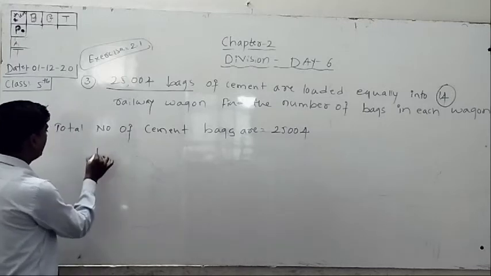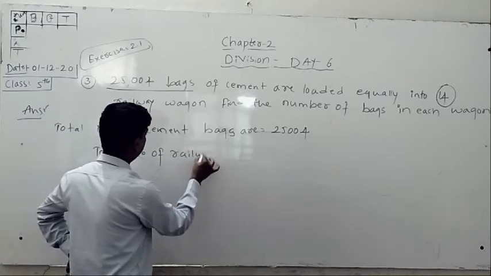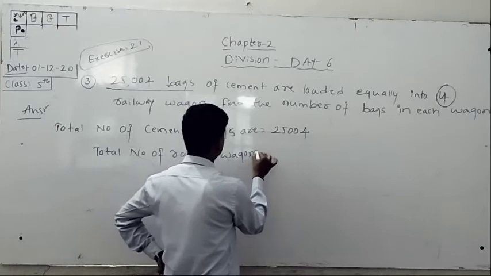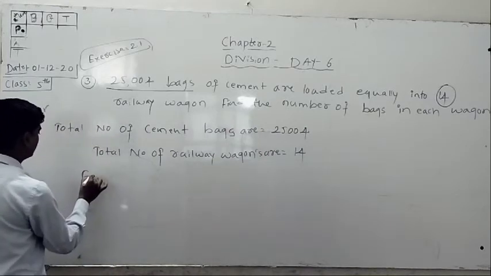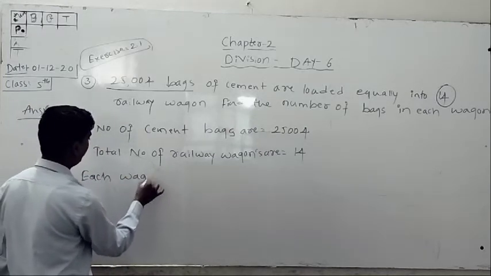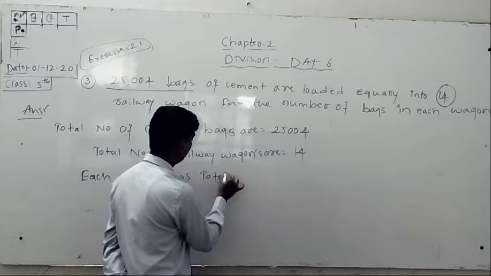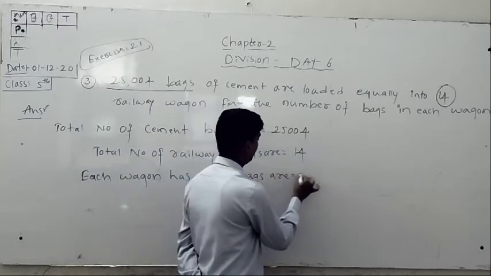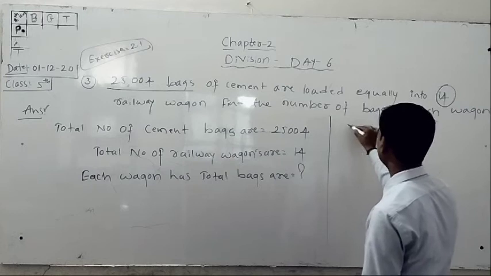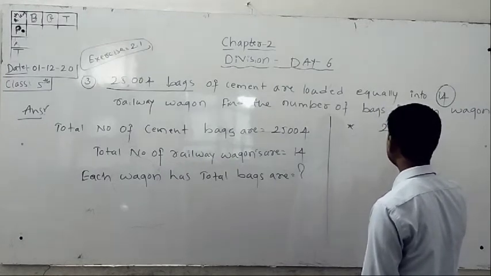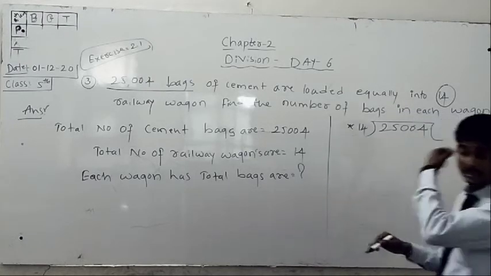Then the number of bags in each wagon we don't know, that one means question mark. Then right here 25,004 divided by 14.